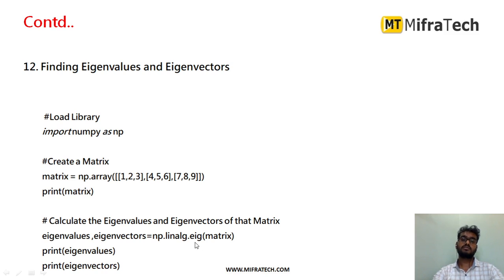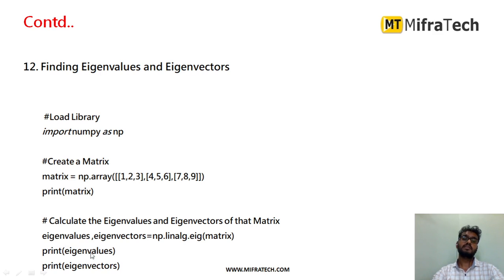So eig is for eigenvalues. This np.linalg.eig of matrix is going to give us both eigenvalues and eigenvectors. So to collect that, we write eigenvalues, eigenvectors equal to np.linalg.eig of matrix. We are going to collect those using these variables, eigenvalues and eigenvectors.